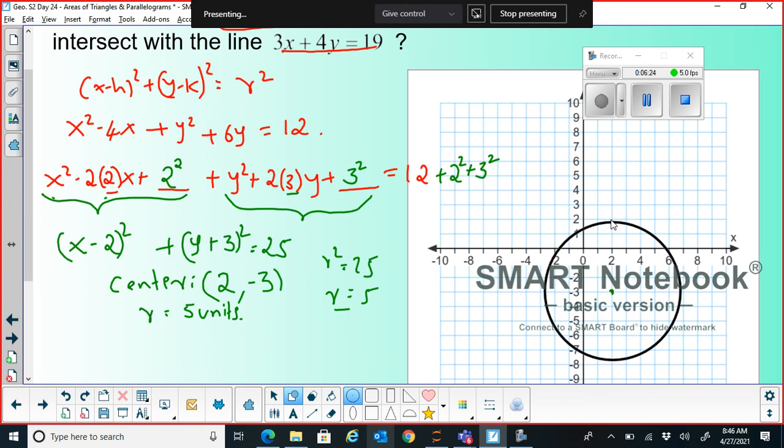Remember that the circle touches everywhere in here till here. The radius is 5 units and it's touching all the way till here.